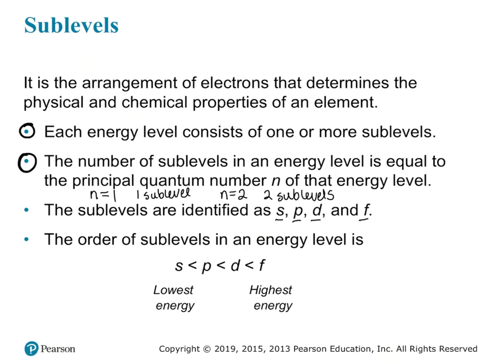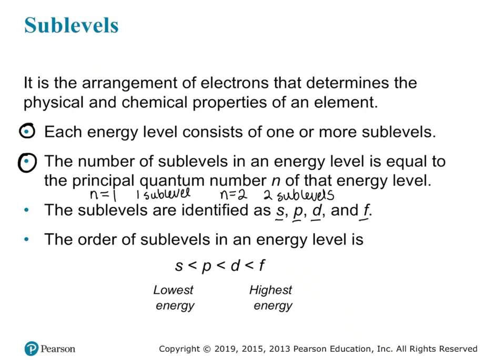So when scientists were detecting where electrons are around a nucleus, if electrons existed in the S sublevel, they exhibited a sharp signal. P stands for principal, D stands for diffuse, and F, I'm forgetting what F stands for at the moment. But anyway, those aren't random letters. They do stand for something.